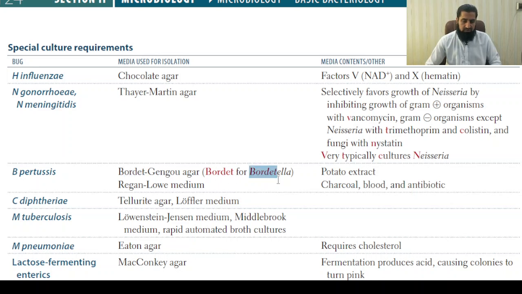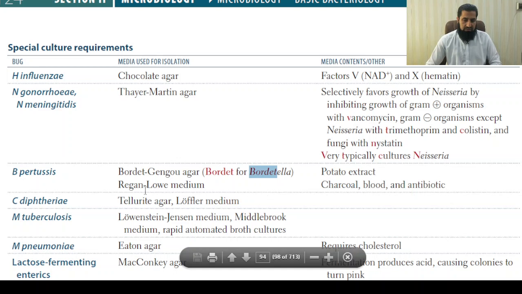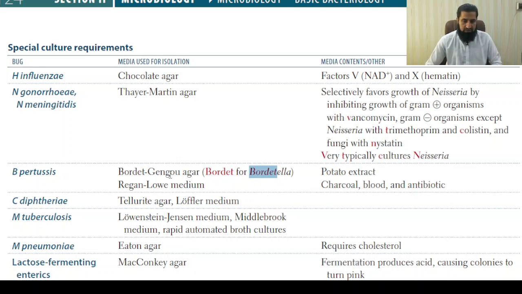Both have Bordet, and you can see that Bordet is used for Bordetella. It can be grown in Bordet-Gengou agar medium and Regan-Lowe medium. This is the Regan-Lowe medium.